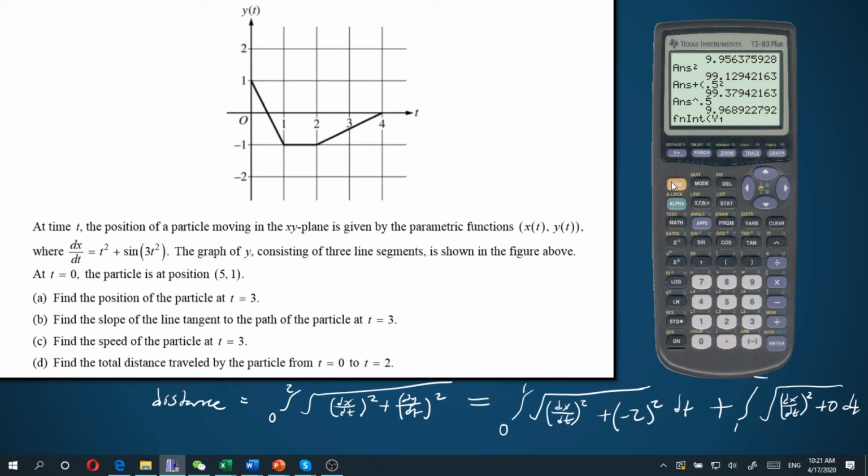I put one too many parentheses in here somehow. Okay. I am integrating.